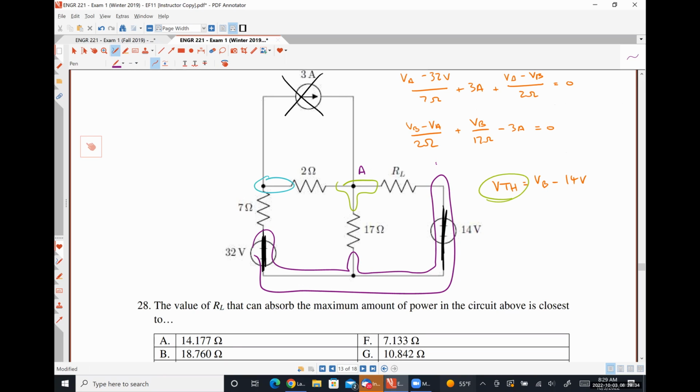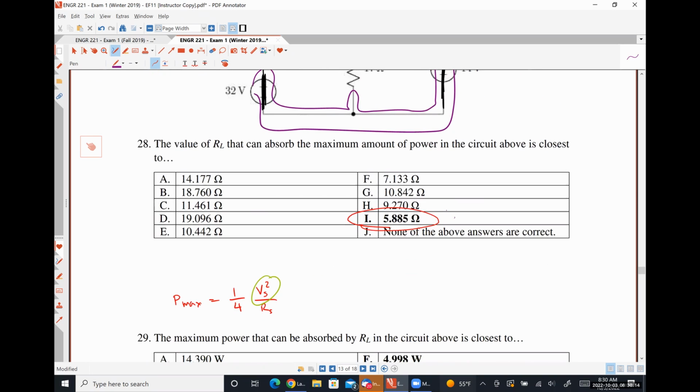So let's call this A, B, and C. We're trying to find the resistance between A and B. So directly between A and B, we have the 17 ohm resistor. Between A and C to B, we have 2, 7, so it's 17 in parallel with 9, which is, I believe, exactly what we did to get this number right here.